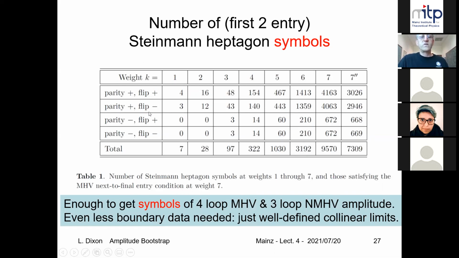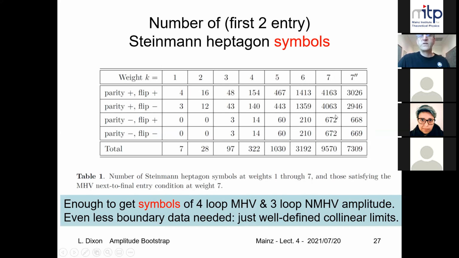You can also construct these spaces, and this is an enumeration using the Steinmann conditions, but not the extended Steinmann conditions. And these spaces at various weights were enough to get the symbols through 4-loop MHV and 3-loop NMHV.